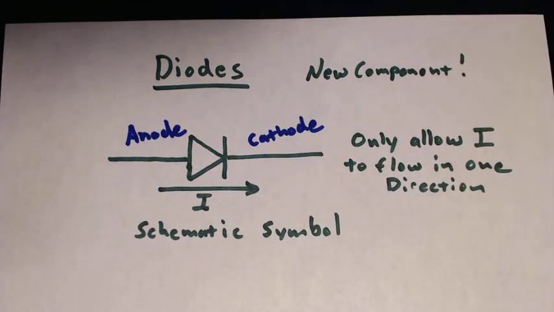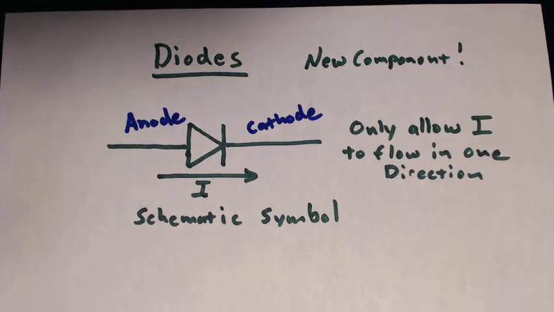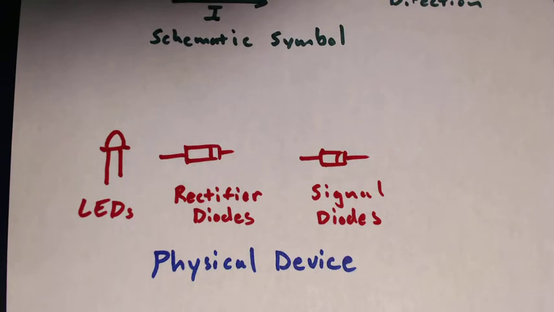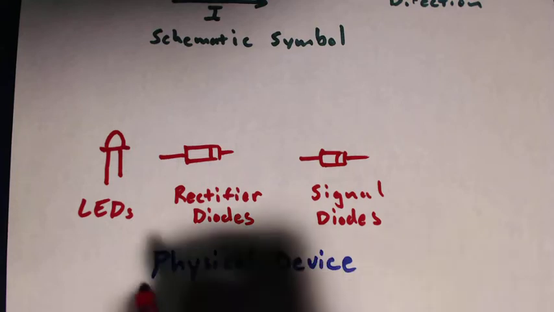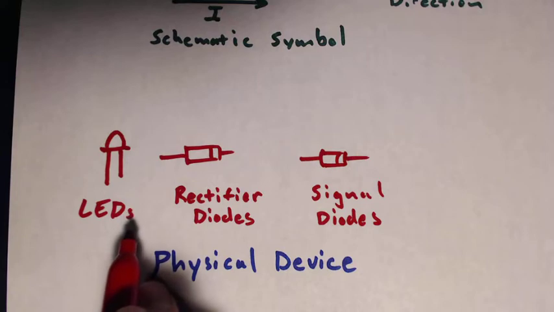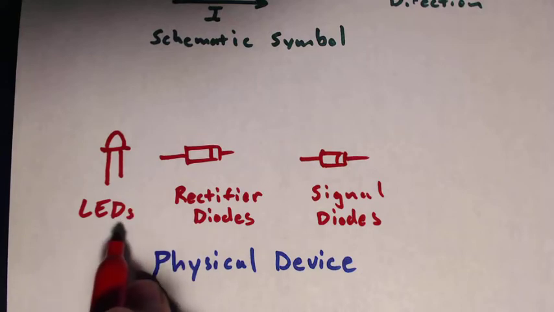Now, as far as a physical device, there are several different kinds of diodes. We have LEDs, rectifier diodes, and signal diodes. LEDs, of course, are those things that light up. You'll hear some people on the internet just call them LEDs; I tend to say LED.